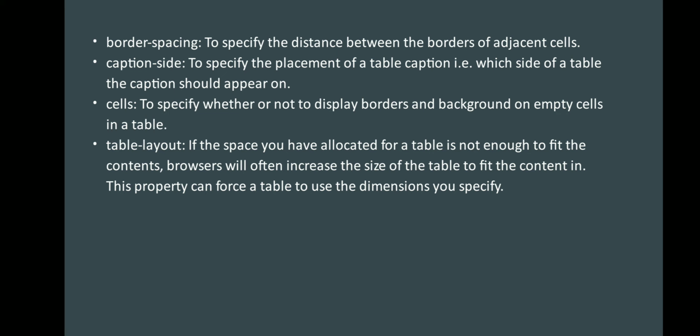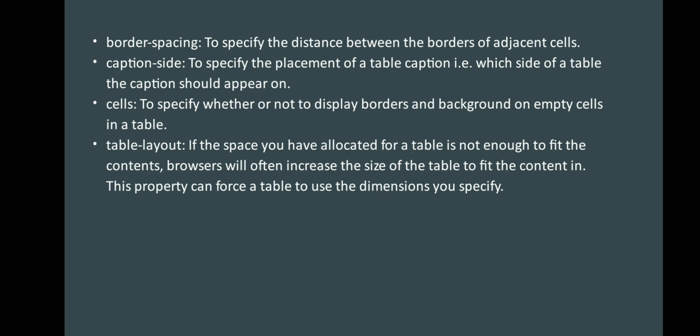Table layout. Table layout is nothing but the height and width of the table. If the space allocated for the table is not enough, then automatically the browser increases the height and width of the table. So to override that, we can give the dimensions of the table.